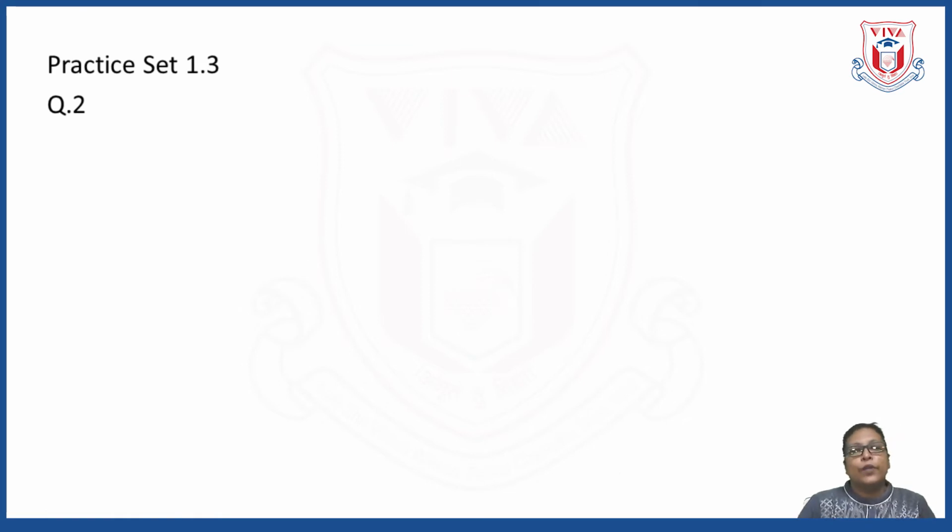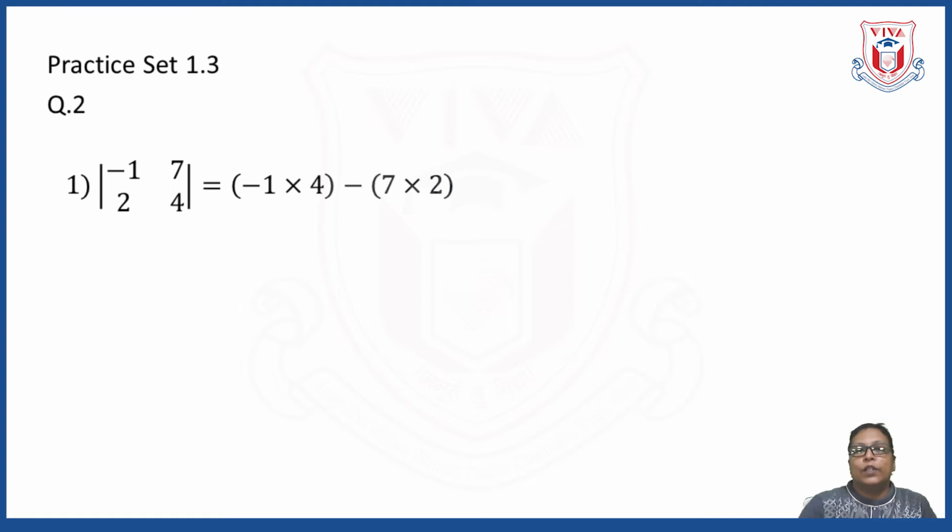For this also I have taken the question from practice set 1.3, question number 2: find the value of the following determinants. Sub question number 1: the determinant is minus 1, 7, 2 and 4. Here minus 1 and 7 is a row, and minus 1 and 2 is a column.